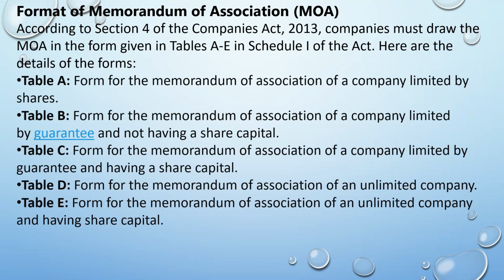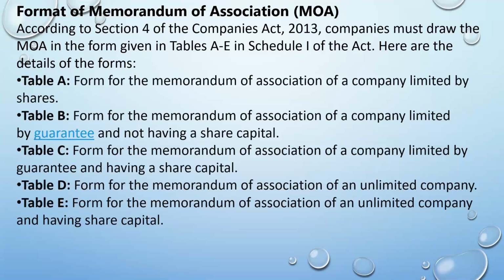A is for the company which is limited by shares. Table B is for Memorandum of Association of a company limited by guarantee and not having a share capital. Now let's see Table C. Table C, this form is for the Memorandum of Association of a company limited by guarantee and having a share capital.